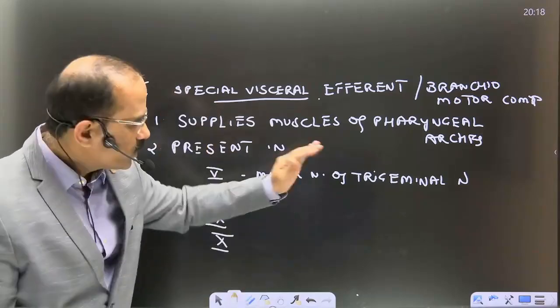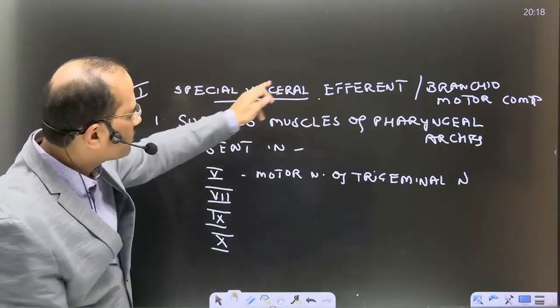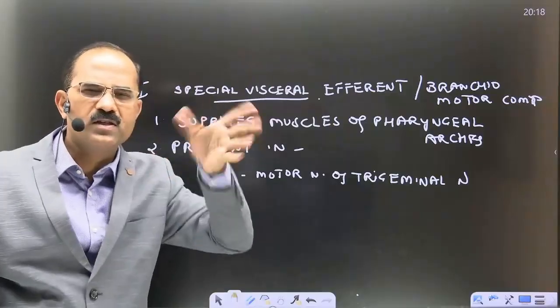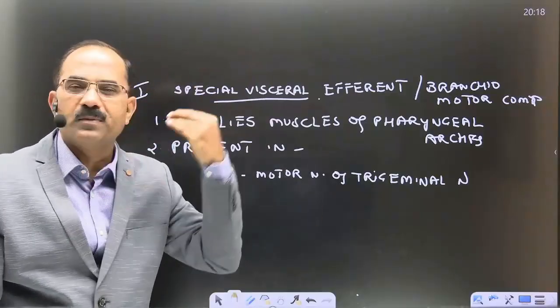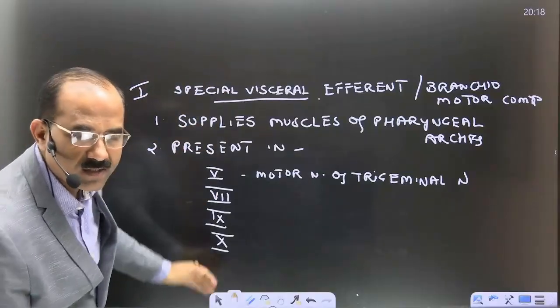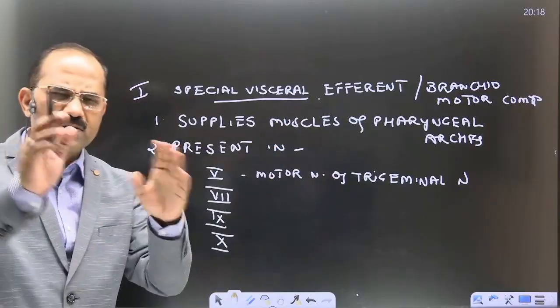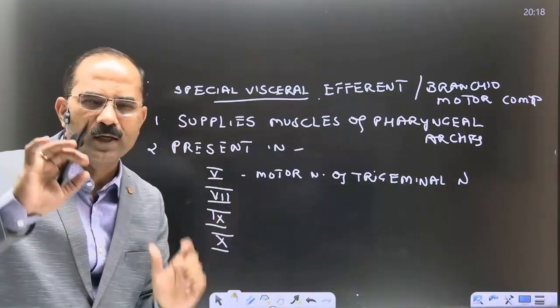And it belongs to the special visceral efferent component. This component supplies the muscles of the pharyngeal arches and is present in the 5th, 7th, 9th, and 10th cranial nerves. Slowly, slowly, you'll understand this. It is a difficult topic.